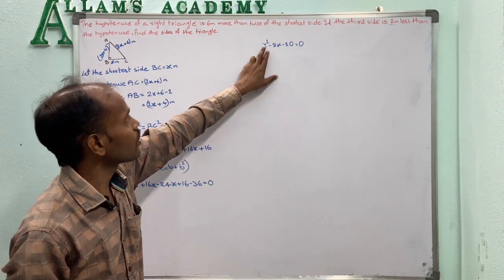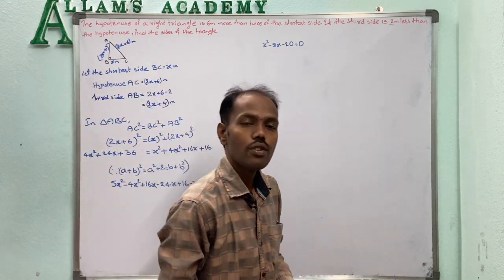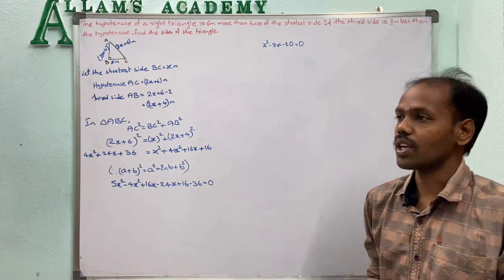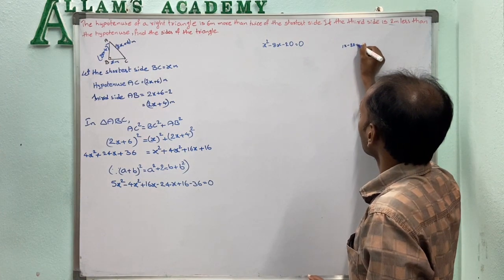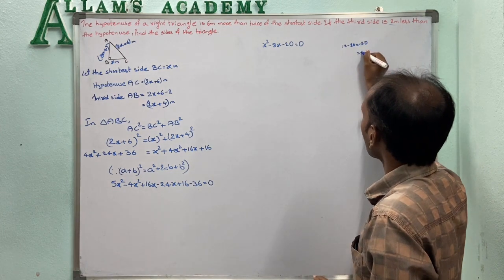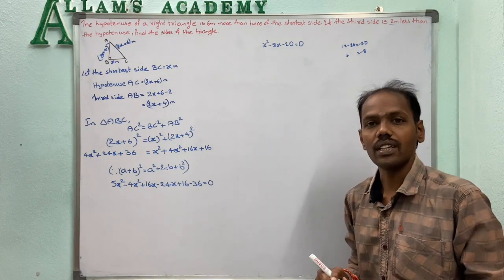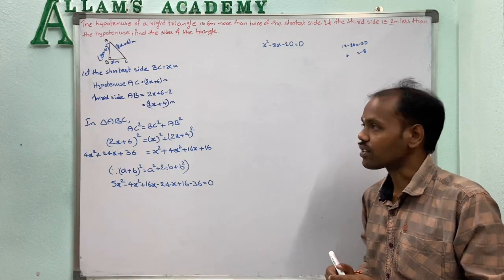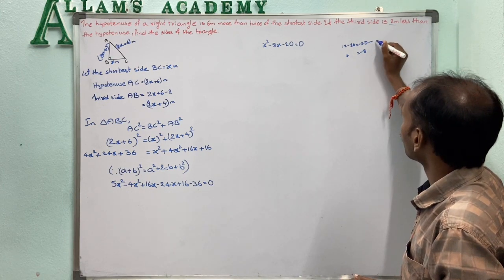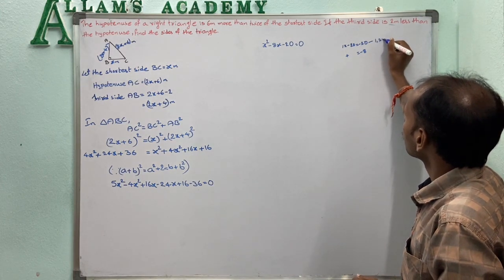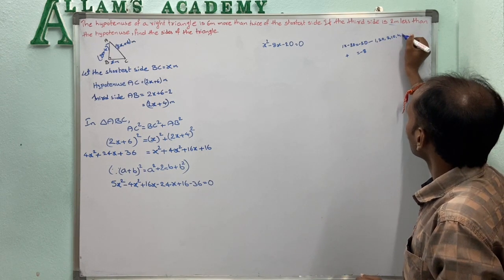The x square coefficient is 1 and the constant term is minus 20. So by multiplication of two numbers we get minus 20, and the x coefficient is minus 8, so by addition of the two numbers we get minus 8. If we observe the factors of 20, they are 1 and 20, 2 and 10, 4 and 5.